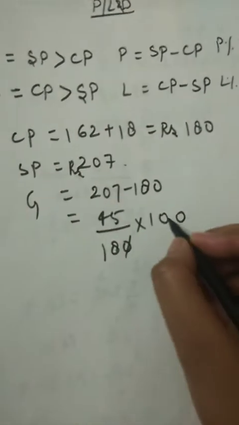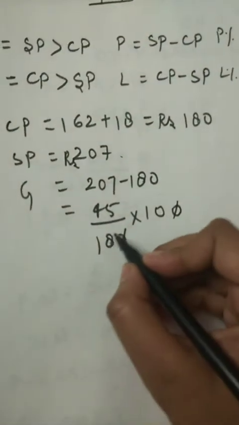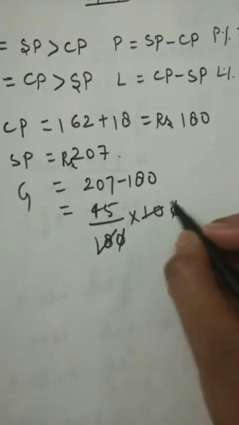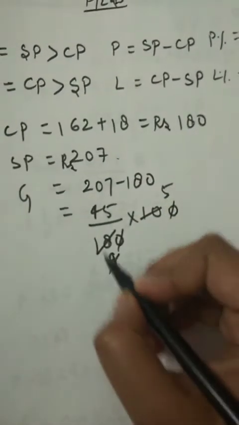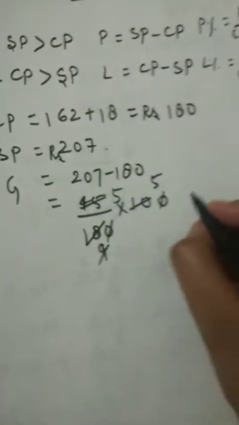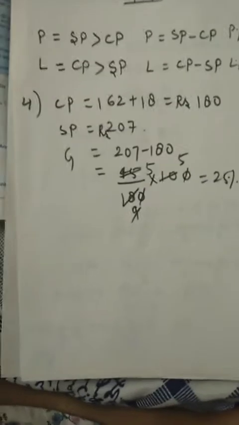You can solve it. 2 5s are 10, 2 9s are 18, 9 1s are 9, 9 5s are 45, 25% is your answer. So this is the way you're going to solve question number 4.